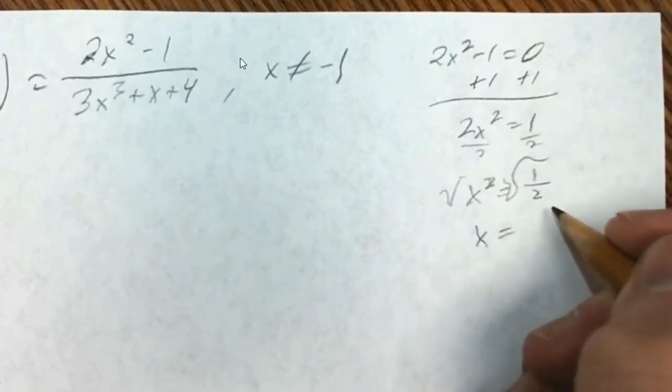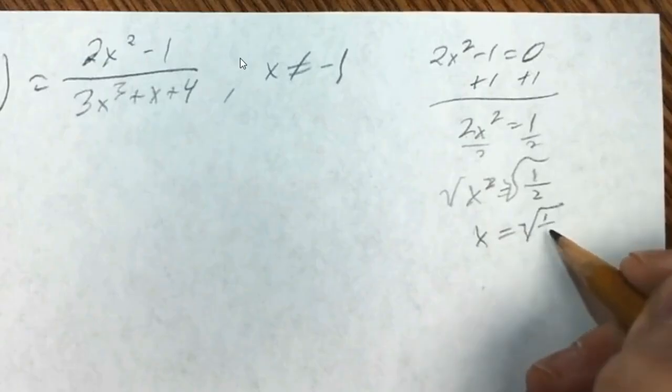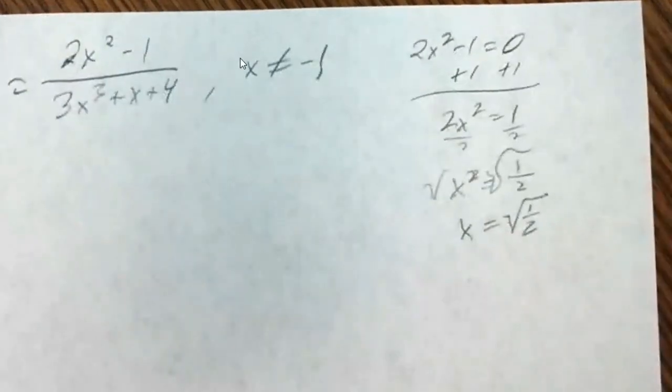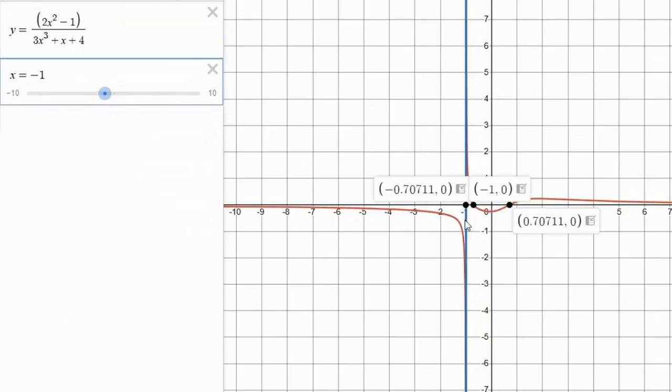So x equals the square root of 1/2, which we could simplify, but we're just going to leave it at that. And when we see that, it's right there, 0.70711. That's where we see it come across the x-axis. And also at negative 0.70711, because the square root is going to have a plus and a minus. All right, so that is where it crosses the x-axis. So that's the zeros, and that's the asymptote at x equals negative 1 right there.